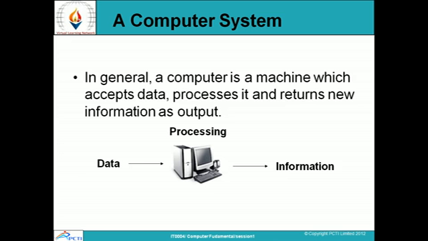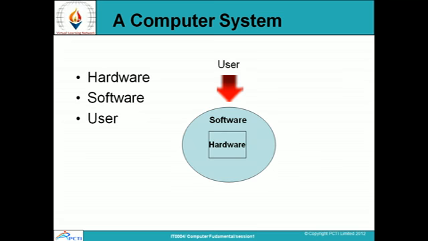Now we can say that computer is actually a machine that accepts data which is of course an input. इसमें processing होती है which is done through the central processing unit and an output is provided to us in the form of information. So basically we have the different computer systems which are a hardware, a software which is जो एक computer की application है that is called a software.